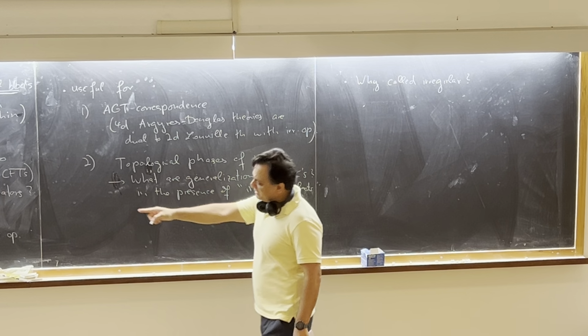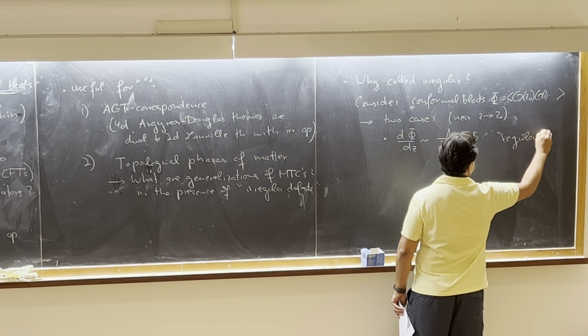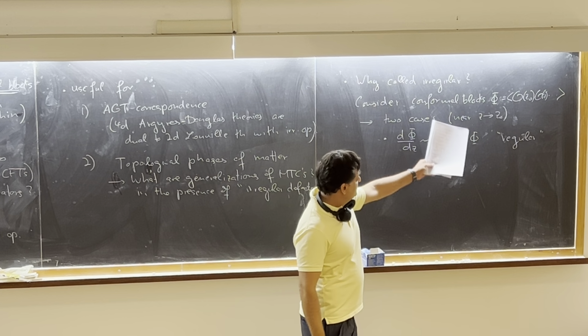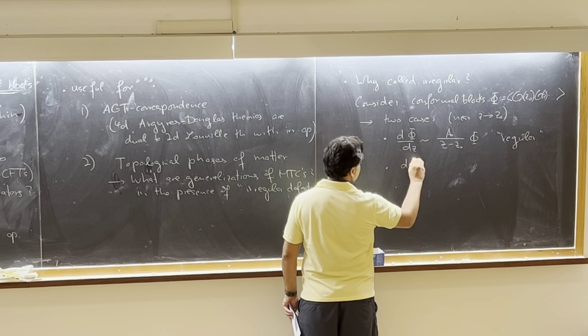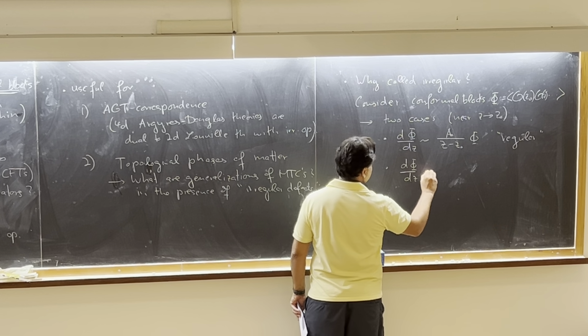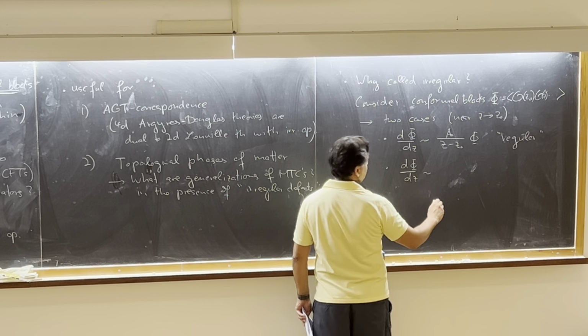In the vicinity of this point z0, this would be regular, and that means that these operators at z0 would be regular. Or you can have this behavior where you actually have a higher pole, so this r here is greater than 1. And that's the case which is irregular.